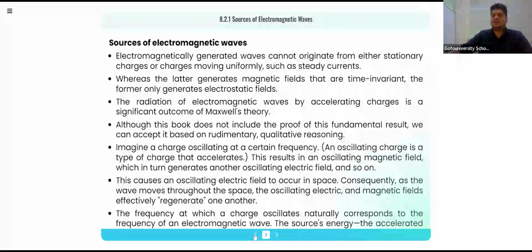What are electromagnetic waves? What are the sources of electromagnetic waves, and what are electromagnetic waves?